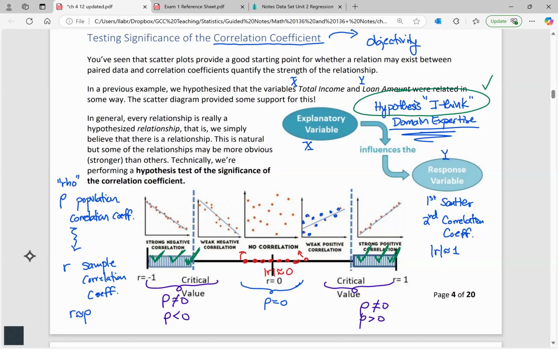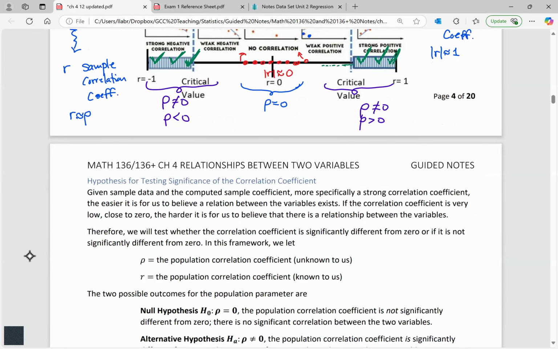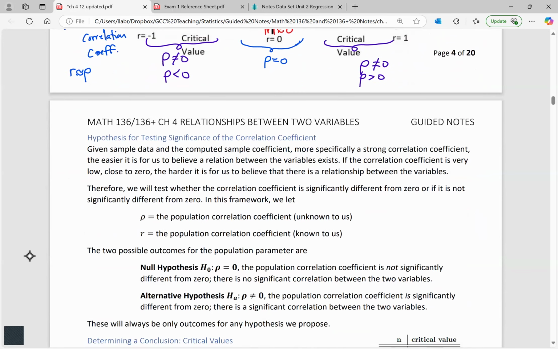And what I want to point out is that there is this cutoff point. So the closer we are to 1 or -1, the more evidence there is. But there does come a place somewhere here where it's not obvious whether the correlation is actually significant or not.